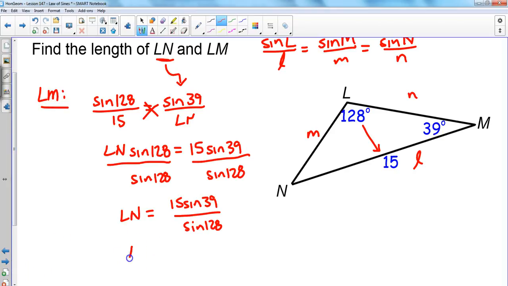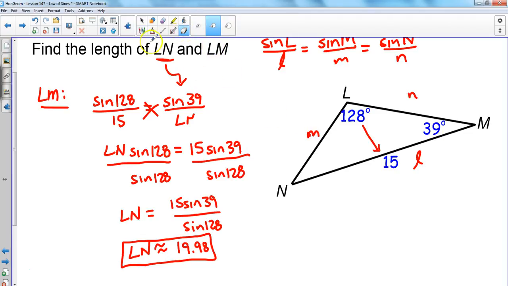So a little bit of calculator work, and I can come up with a rounded value for Ln. So I end up with Ln is equal to 19.979, or about 19.98, and there's the answer for my first part. So let's go ahead and label that on here, 19.98.